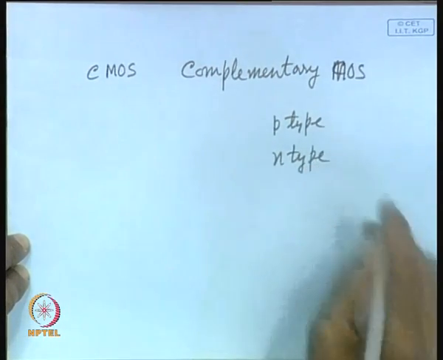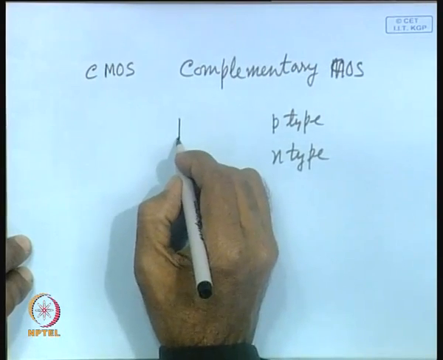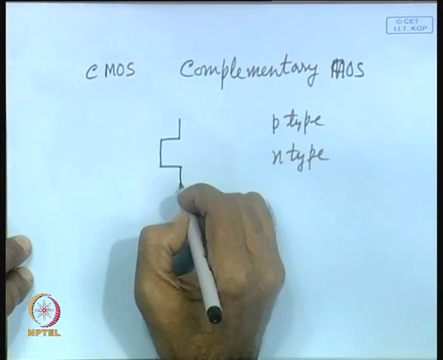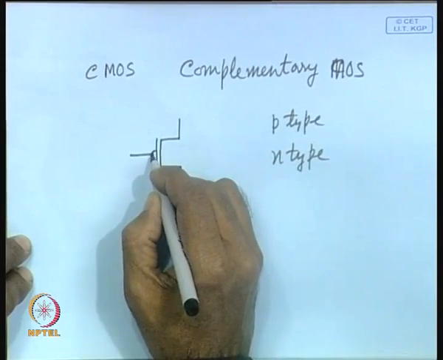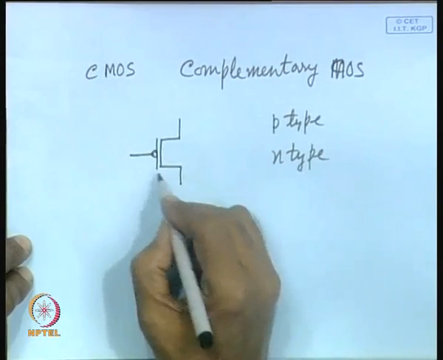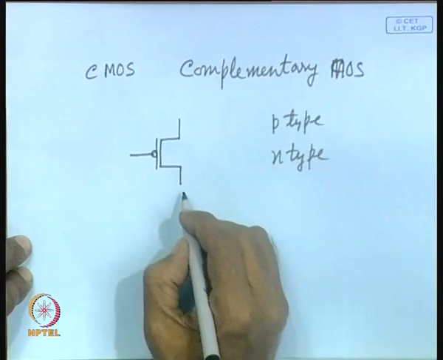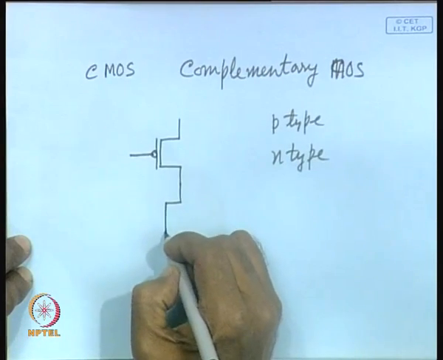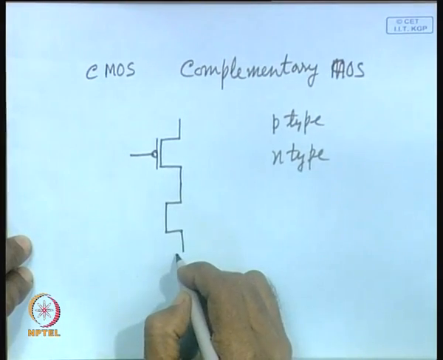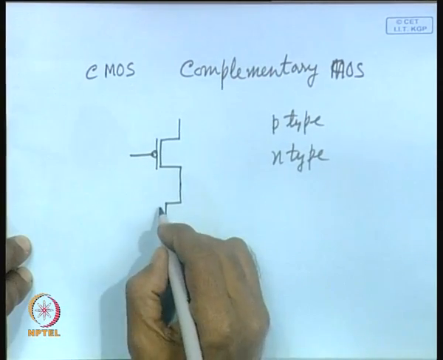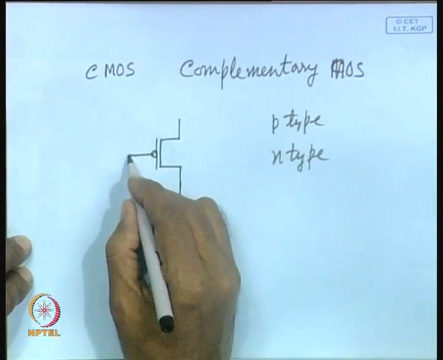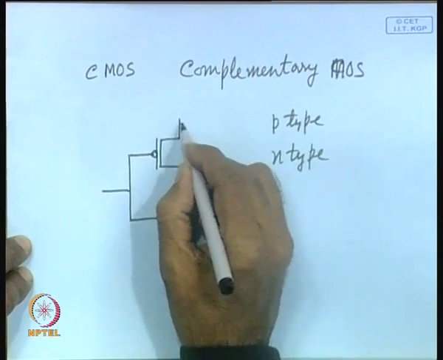For example, a simple inverter will require a p type. Here it is, from the symbol it is very clear that it is a p type enhancement type transistor. You will also require an n type NMOS transistor. So, these two together will form an inverter.